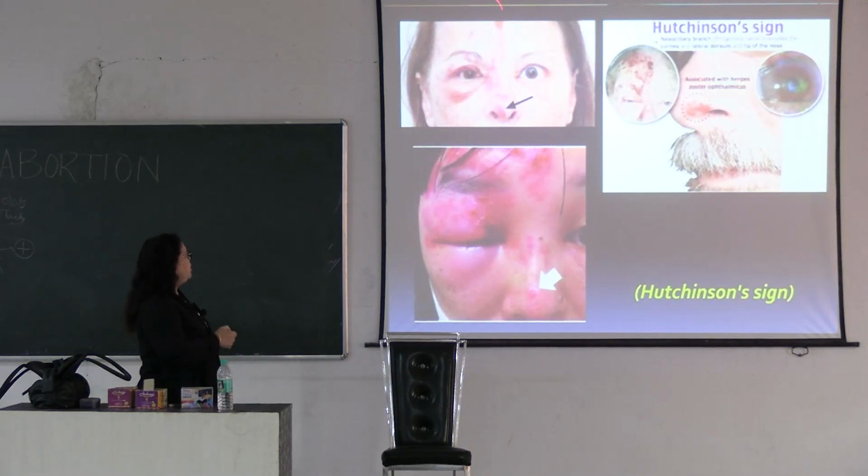One side of the midline of the body is involved, either the left side or the right side. When the nasociliary nerve is involved, it also affects the side of the nose and the tip of the nose along with skin eruptions and ocular lesions. When the nose is also involved, that is called Hutchinson sign, and this is the ocular involvement.